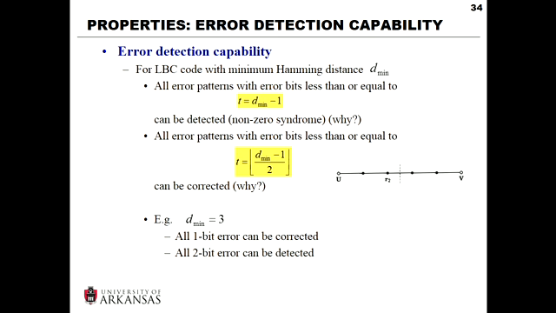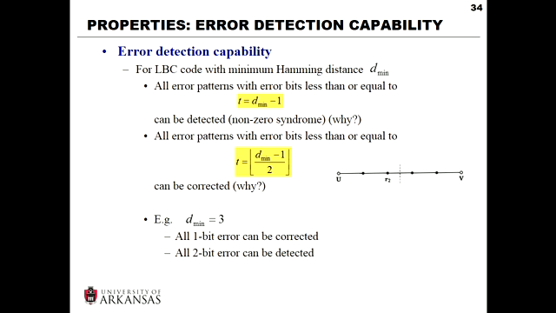The error detection and error correction capability are directly related to the minimum Hamming distance. If the minimum Hamming distance is d-min, then the error detection capability is equal to d-min minus 1. For any errors, if less than or equal to d-min minus 1 bits are in error, then we can always detect it.